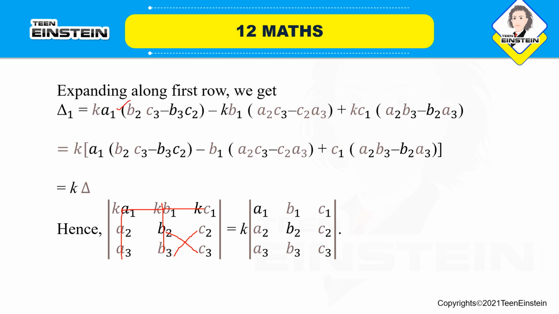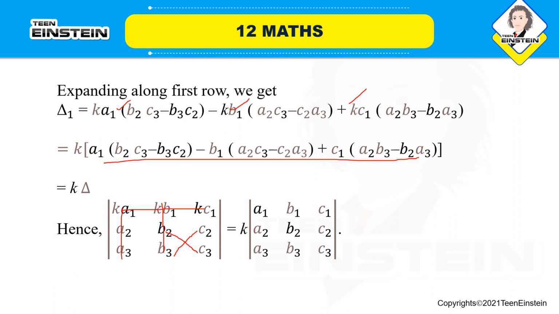In all the terms we have k, so take it out, it's a common factor. So k into A1 into (B2C3 minus B3C2) minus B1 into (A2C3 minus C2A3) plus C1 into (A2B3 minus B2A3). What is this? This is nothing but the value of delta. So this lengthy expression is replaced by delta, so k delta. Hence delta 1 is equal to k delta.